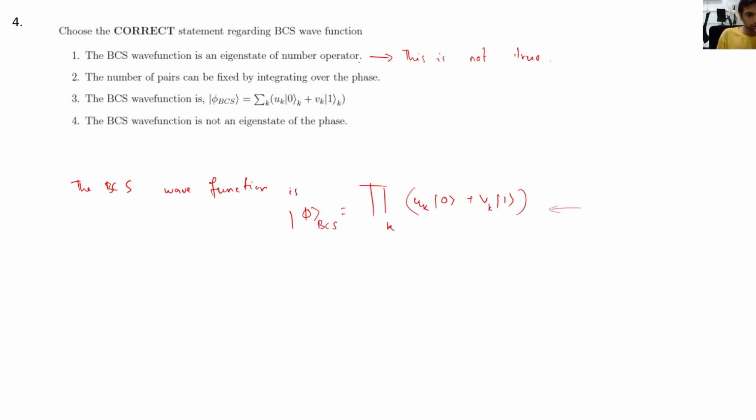Since this is the BCS wave function, you can immediately say that this is also not true. So this statement is wrong, and the BCS wave function is not an eigenstate of the phase. So this is false. It is an eigenstate of the phase. And the number of pairs can be fixed by integrating over the pairs. So this statement is true.